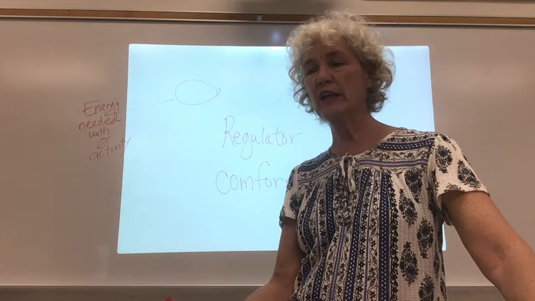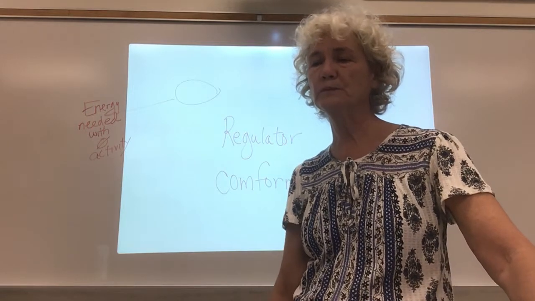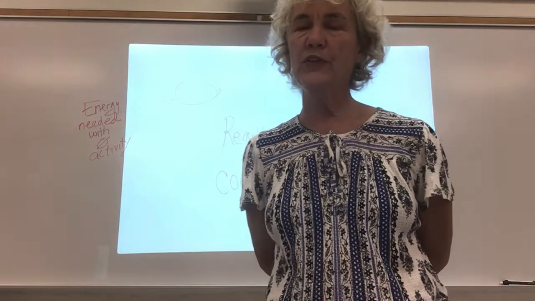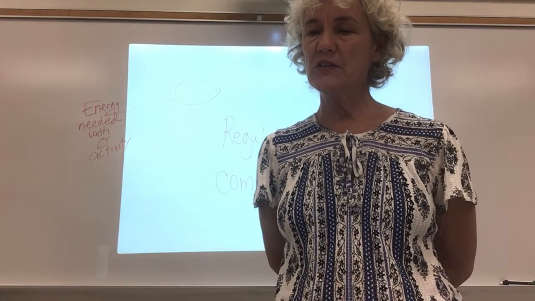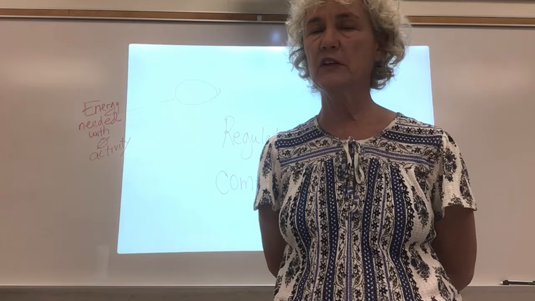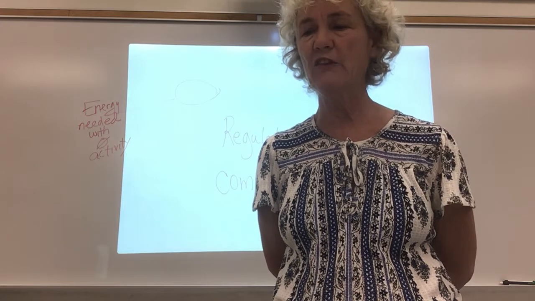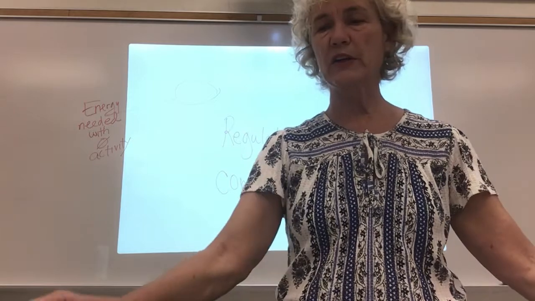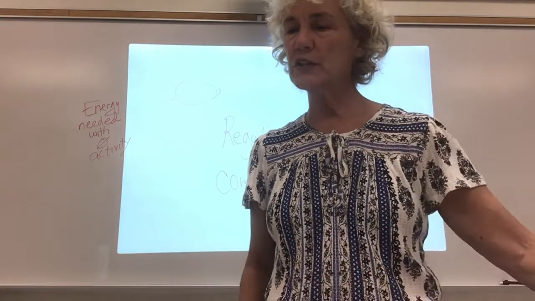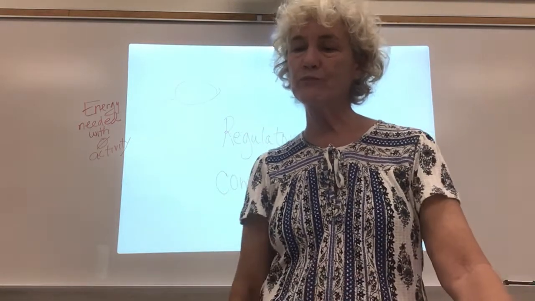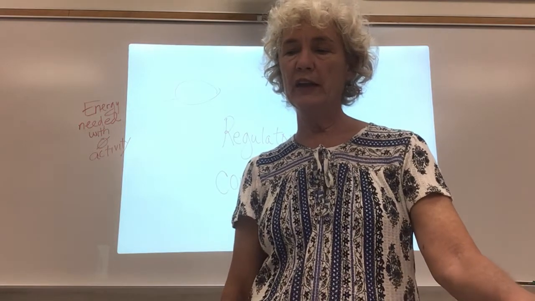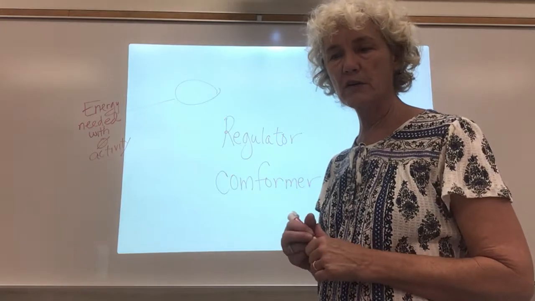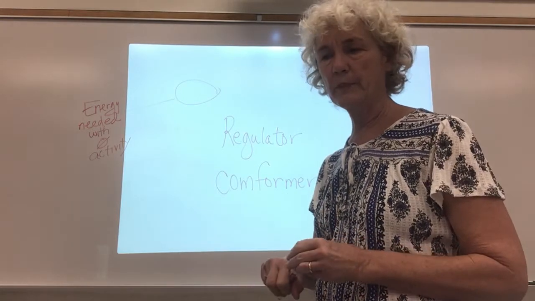Okay, so there's different mechanisms for that internal control. So we're going to talk about what some of these different things are. One thing is you can have some kind of regulation. If you have regulation at all, you're going to have three components to that regulation. The components are a receptor, a control center, and an effector. So I'm going to write that on the board, and then I'm going to put an overhead up. All right.